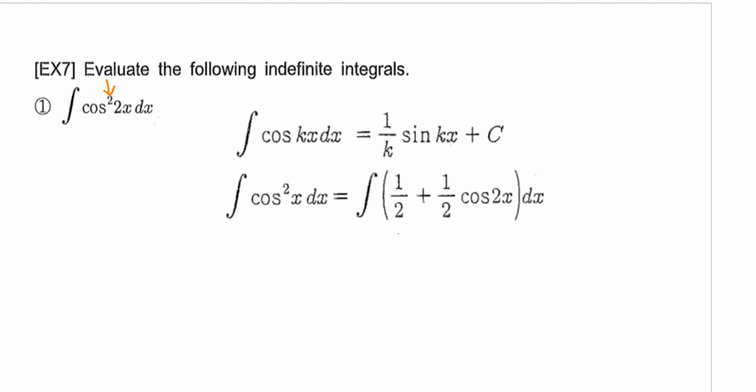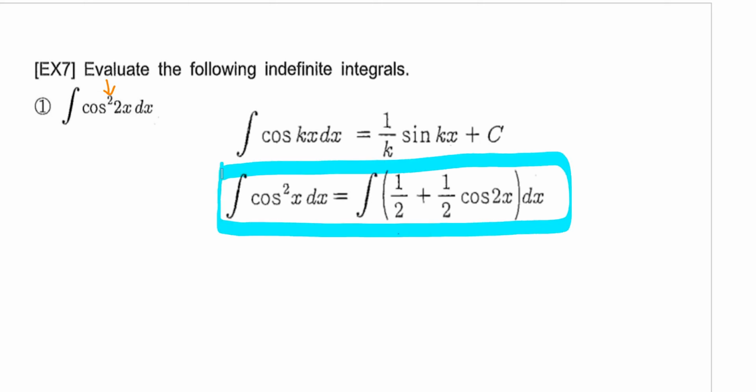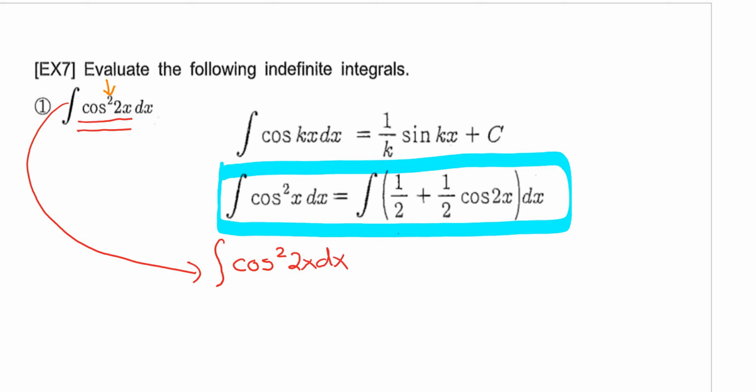One of the main formulas that you want to use right from the get-go is this blue formula right here. This isn't giving you the answer, it's just helping you rewrite the integral in a different way so that you can find its antiderivative. In order to get this started, it's difficult to solve this problem right from the get-go. So I'm going to take this problem and rewrite it underneath the initial double angle identity. I'm trying my best to match it up. All we have to do now is follow the formula very precisely.